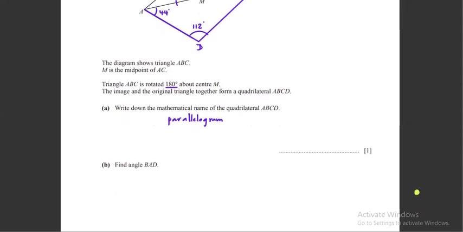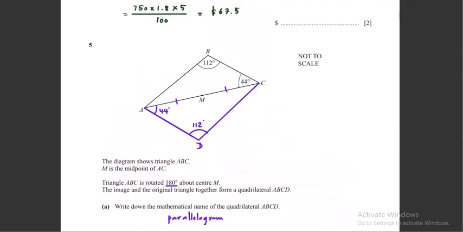The next question is for us to find the angle BAD. BAD is this angle that we have here. For us to calculate this angle, we first need to find how much this part of the angle will be.